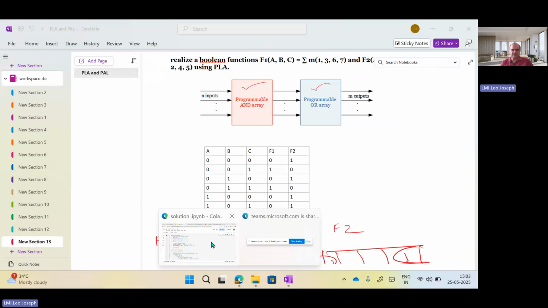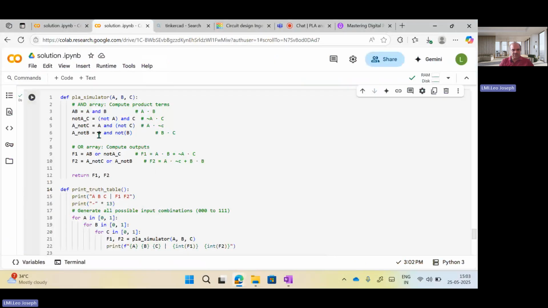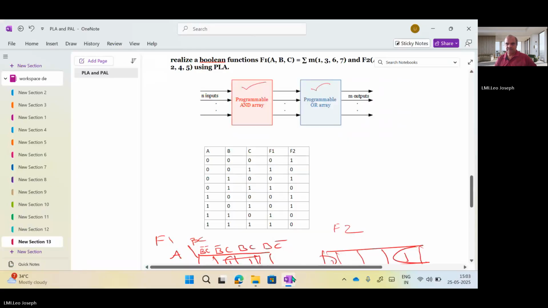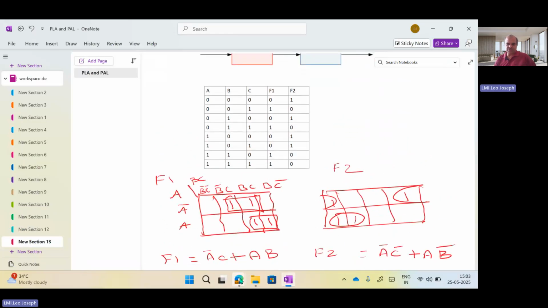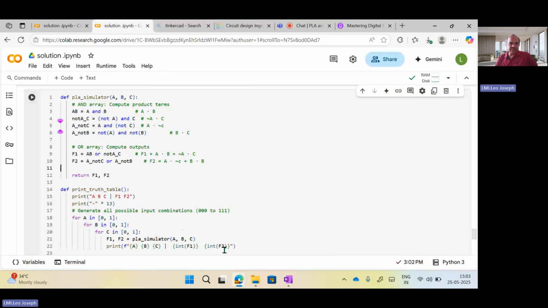A bar C bar plus A B bar means I have to give it like this. A bar C bar plus AB bar.